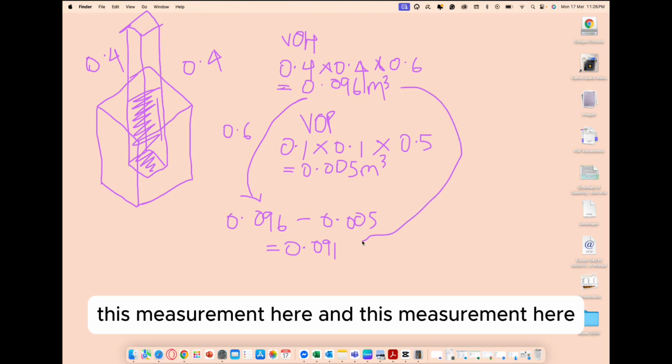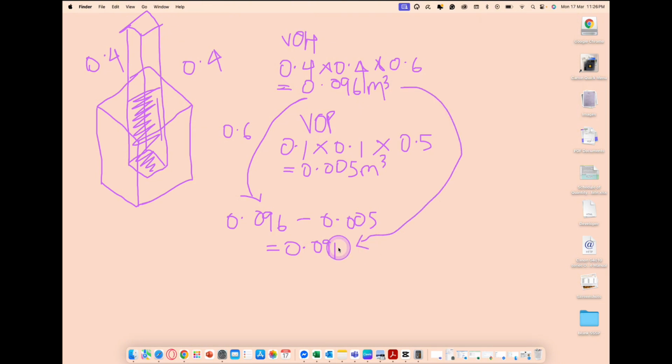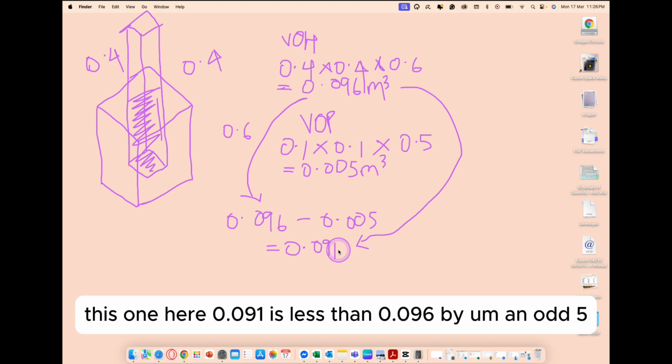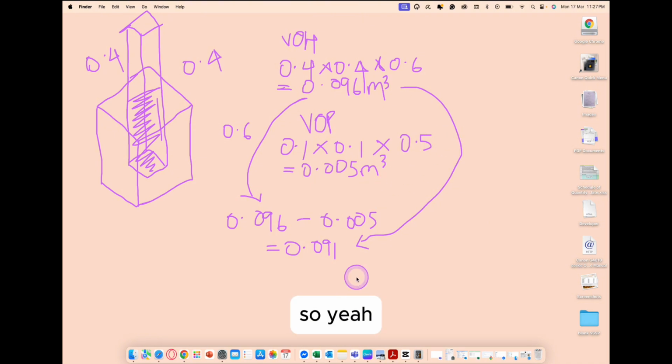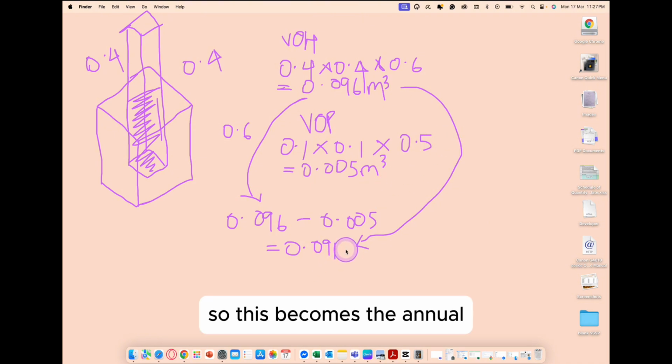Now we can see this measurement here and this measurement here. This one here, 0.091, is less than 0.096 by an odd 0.005 cubic meters, whatever it is. So this becomes your volume for one post here.